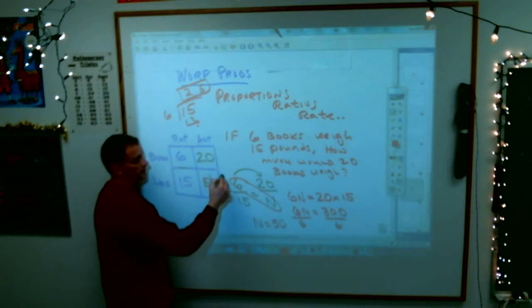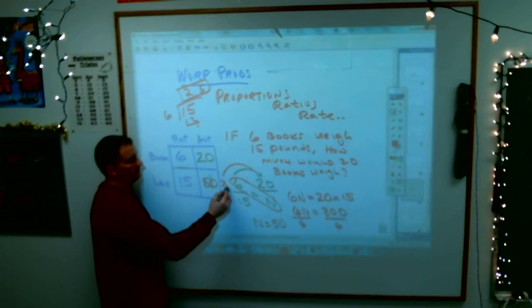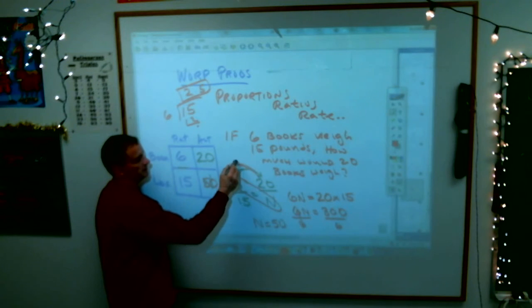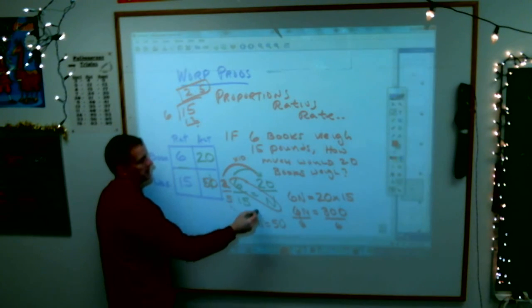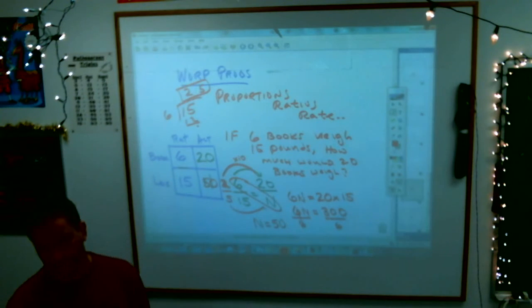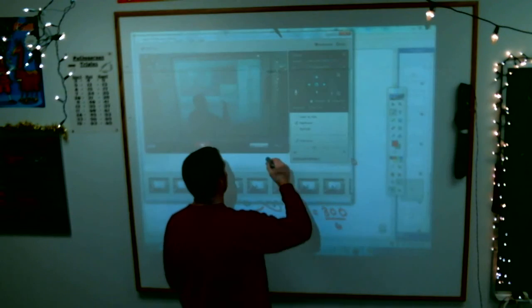And see, that wouldn't help us there because what times 2 gives you 20? 10. So 5 times 10 would have given me 50 there. So that's kind of the beauty of the whole system.